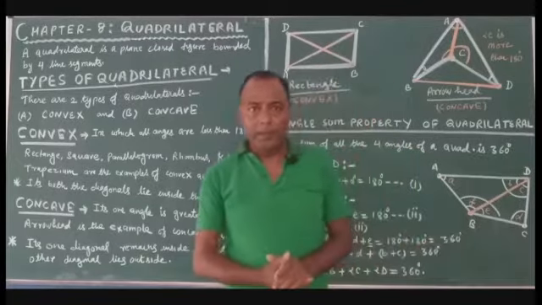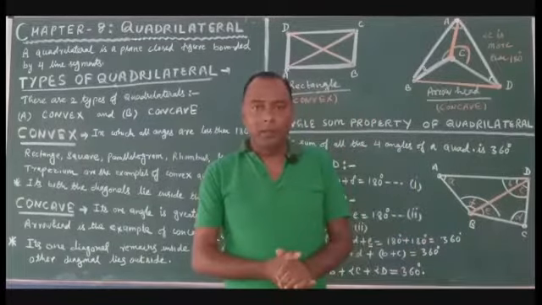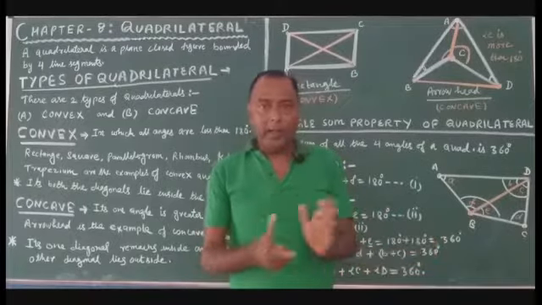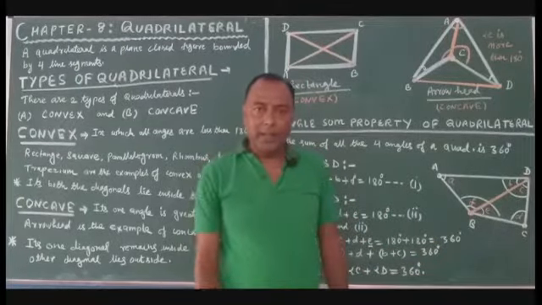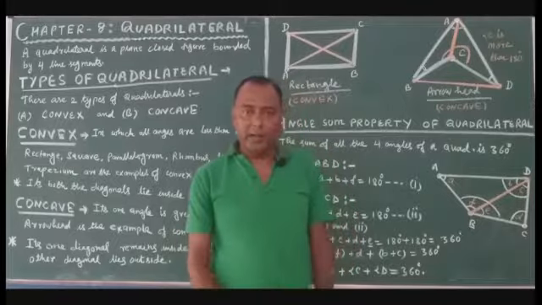In this way we can prove that the sum of all the interior angles of a quadrilateral is 360 degrees.